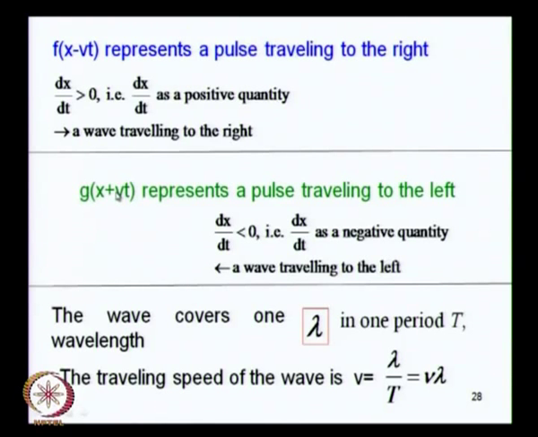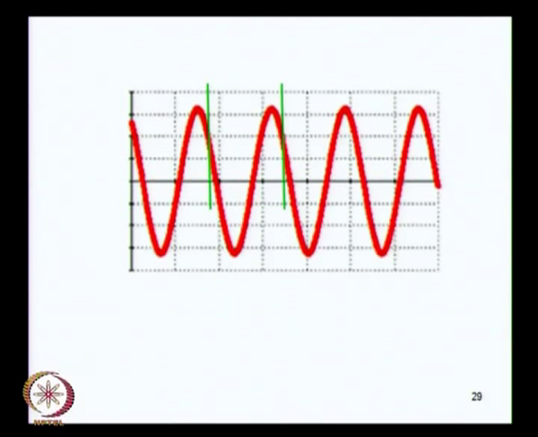Now, the travelling speed is automatically determined because a wave covers one wavelength in one periodic time. So, the ratio of this distance over time is what gives you the velocity, and this 1 over T is nothing but the frequency. So, v equal to nu lambda is a very famous relationship that you would have used.